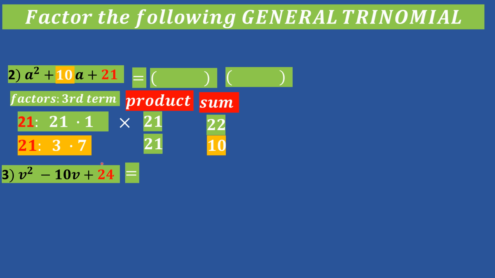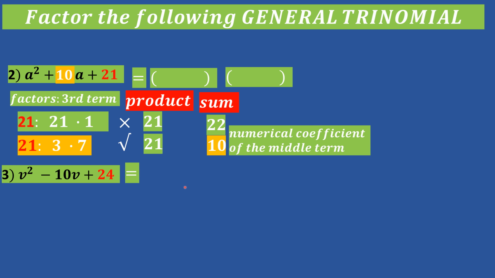If we compare it to the given, our middle term numerical coefficient is 10. So which of the two sets of factors are the correct factors of the given? The 21 times 1 is not, but only the 3 times 7, because 3 times 7 is 21, our last term, and 3 plus 7 gives us 10, our middle term numerical coefficient.